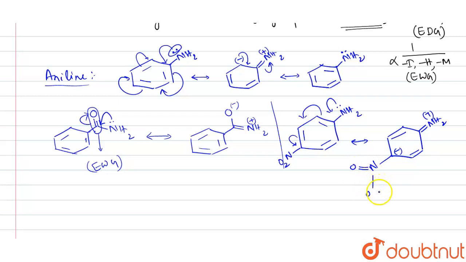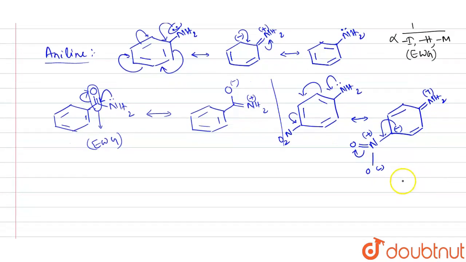This is NO minus and this is N plus. So here also this negative charge can be stabilized by the electron withdrawing effect of the NO2 group. As we can see, the electron density on the nitrogen atom is decreasing because of the sharing of the electron pair. So this is also less basic, and the first compound was also less basic because of this NO2 being a strong electron withdrawing group.